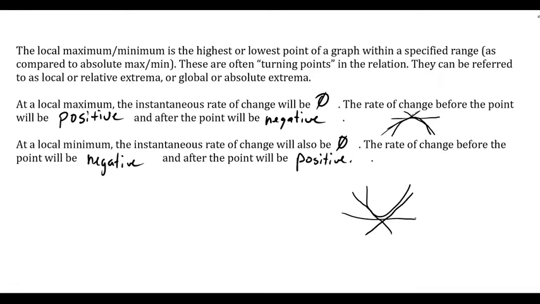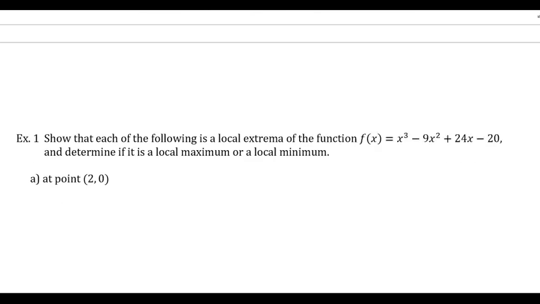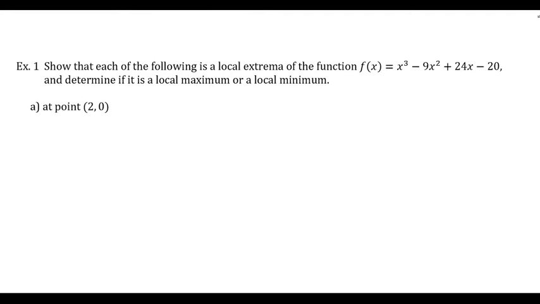Okay, so let's put this into action and try this. Show that each of the following is a local extrema of the function f of x equals x cubed minus 9x squared plus 24x minus 20. That's a big one.